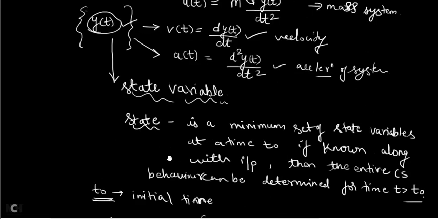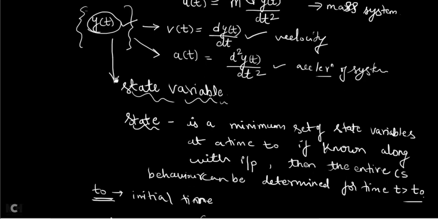Now what is the meaning of a state? A state is nothing but a minimum set of state variables at a time t naught. If it is known along with the input, then the entire control system behavior can be determined for future time t greater than t naught.